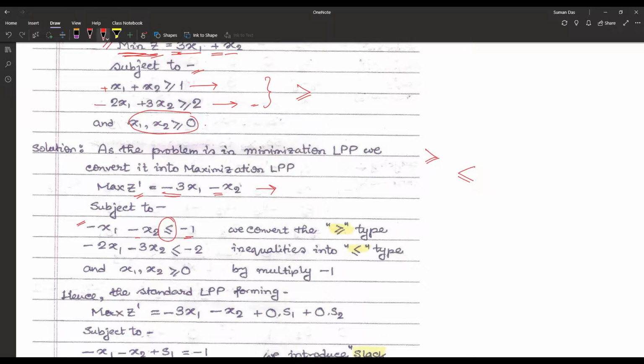For the second constraint, 2x1 plus 3x2 greater than equal to 2, becomes minus 2x1 minus 3x2 less than equal to -2. As usual, x1 and x2 are greater than equal to 0. We convert the greater than equal to type inequalities into less than equal to type by multiplying by -1.